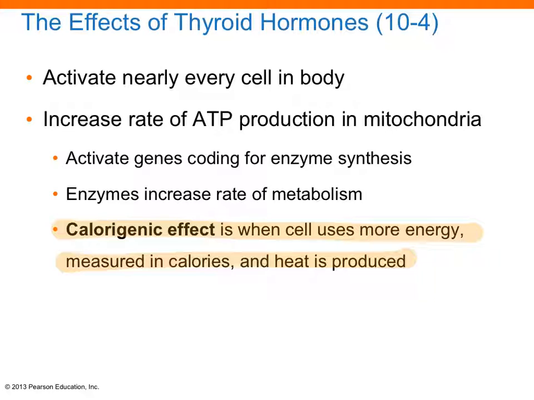They activate nearly every cell in the body. They increase the rate of ATP production in the mitochondria. They also activate the genes coding for enzyme synthesis. And these enzymes increase the rate of metabolism, and last but not least, they have a calorigenic effect. This is when the cell uses more energy, and it's measured in calories, and heat is produced.